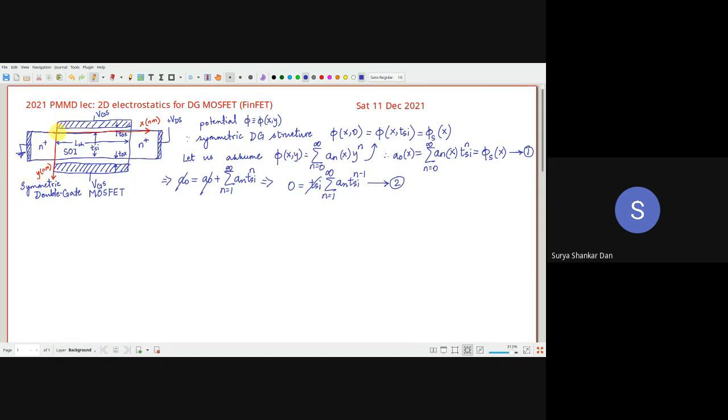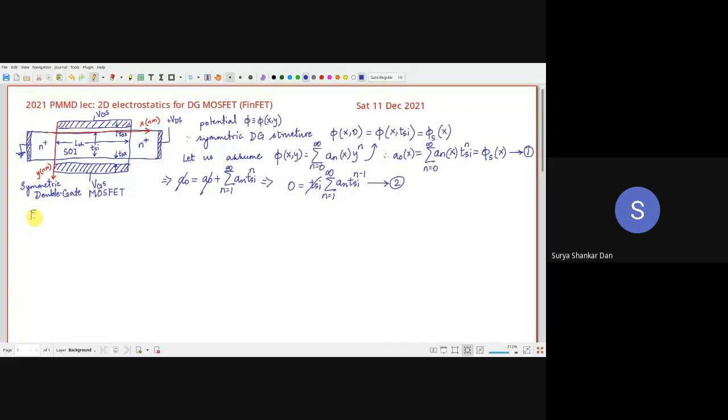Now let us look at the two surfaces, the front top surface here and the bottom surface there. On the front surface, we are going to have the divergence equation, that is the Poisson equation. Or rather, we will take the case of not Poisson's equation as of now.